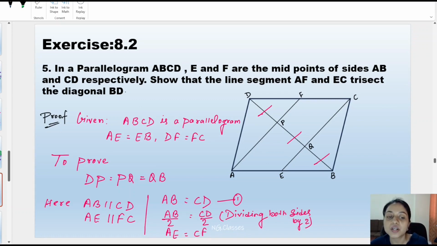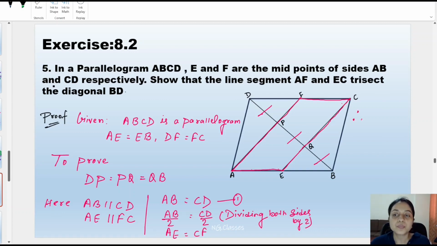So from here we got that side AE is parallel to side CF, and also that side AE is equal to side CF. Hence we can say that AECF is a parallelogram.